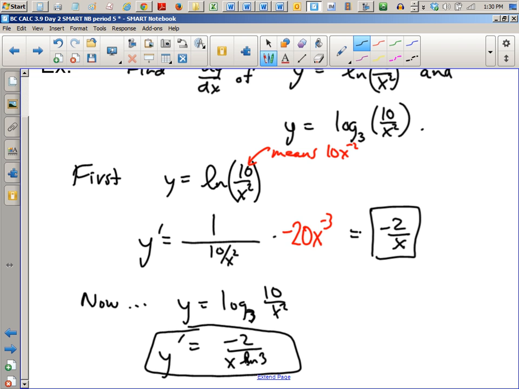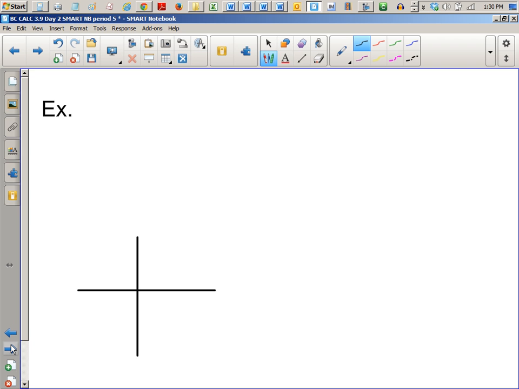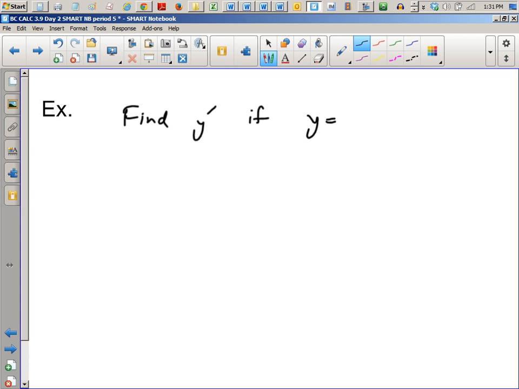Let's try another problem. What if it's like a trig mixed in with like e and stuff? That can be kind of intimidating, but they kind of make for fun problems too. So watch this. Let's find y prime if y is equal to e to the... which one did I pick?